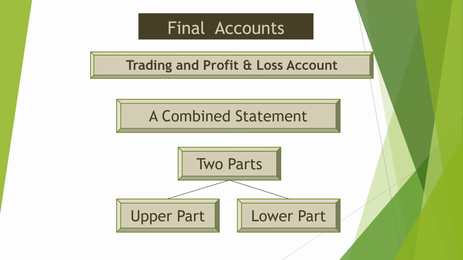The lower part: the gross profit or gross loss is then brought down to the next part. In case of gross profit, it will be placed on the credit side and gross loss will be placed on the debit side. Let's look at the format first and record a few transactions in it.